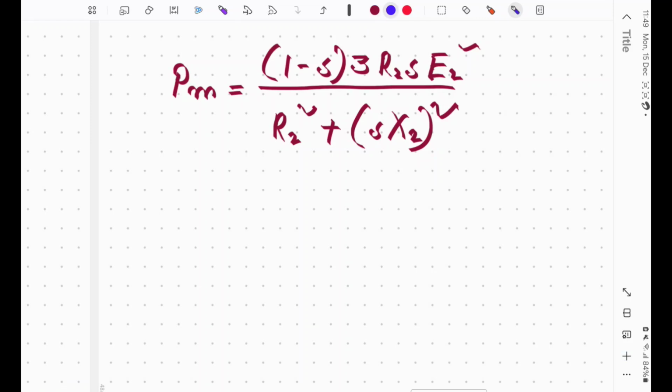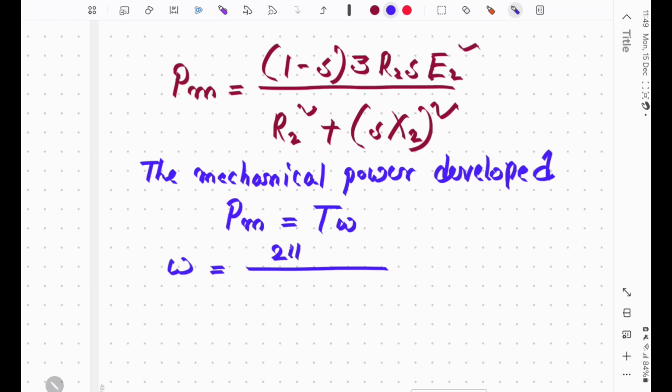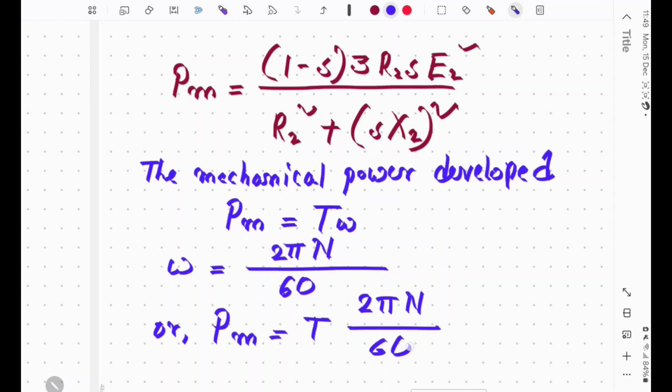The mechanical power developed, that is Pm, is equal to T omega. We know that omega is equal to 2 pi n by 60, so Pm is equal to T into 2 pi n by 60.